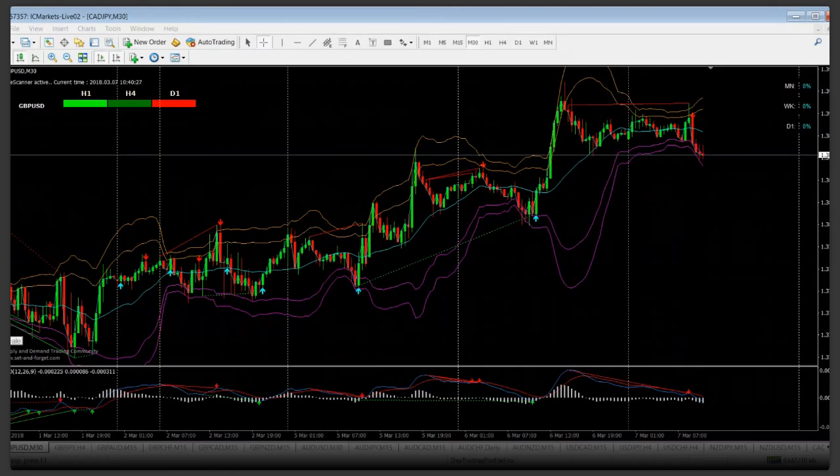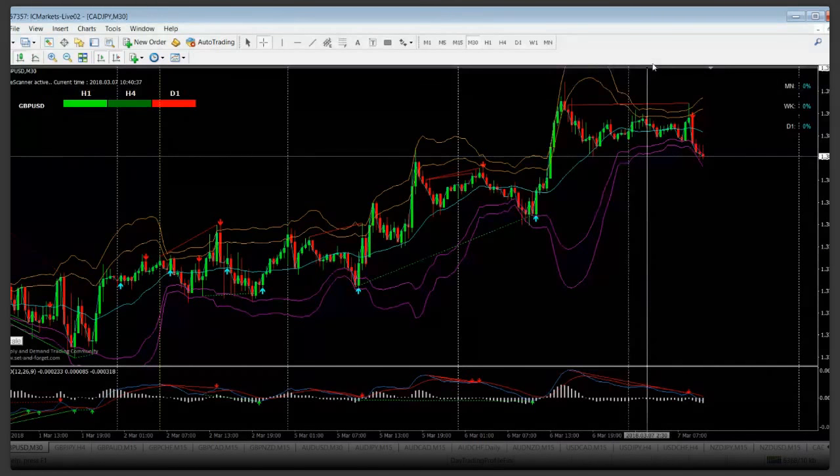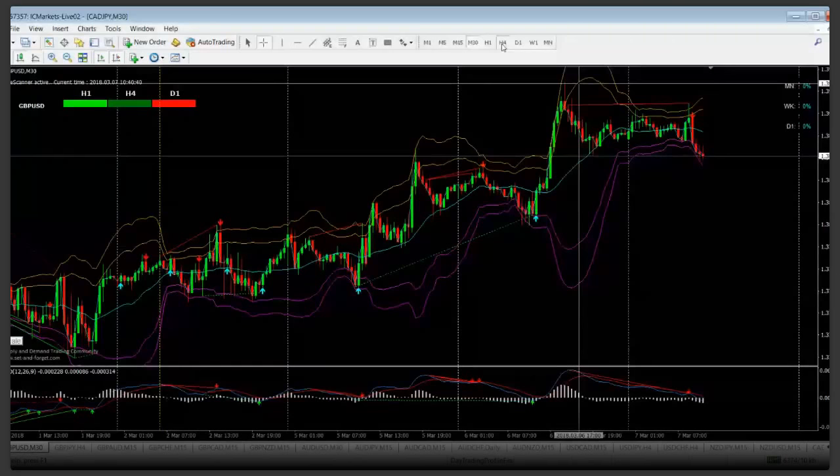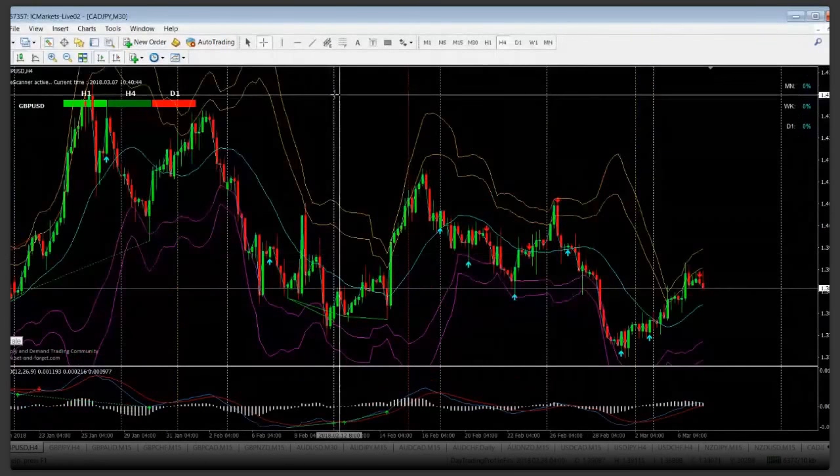Stop loss is 139.450, above the high up here.